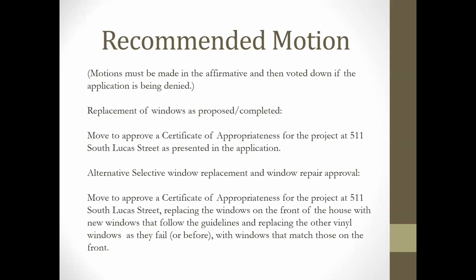They need to do it within a certain amount of time. That would be completely up to the commission because it's allowing for leniency, and that is totally up to you. But then you'd make that motion as you want it to be, and then approve or deny it.